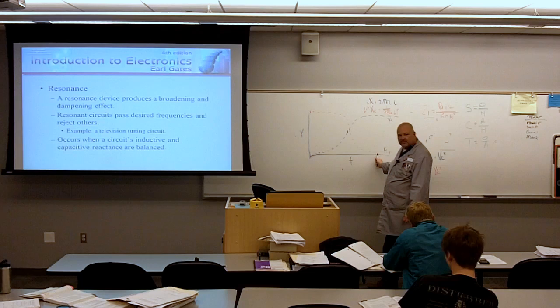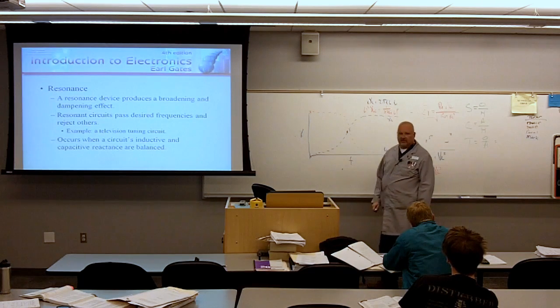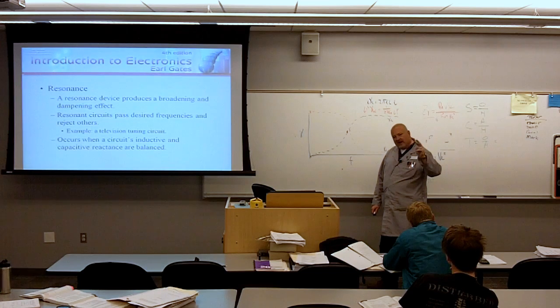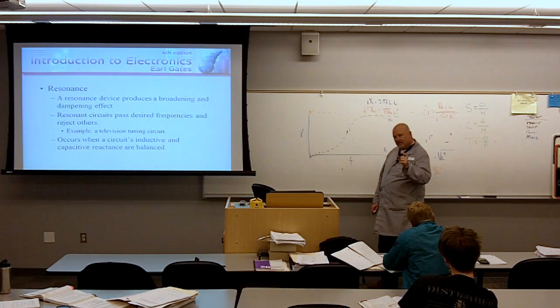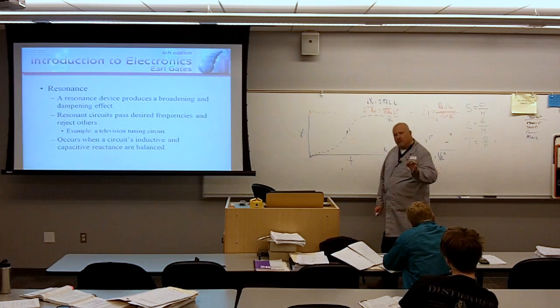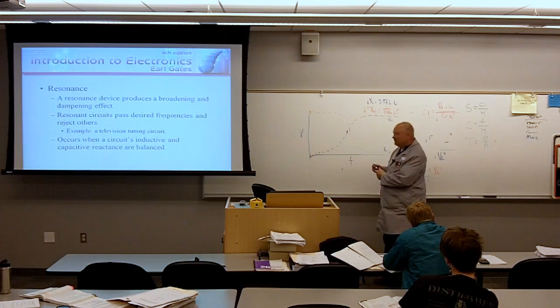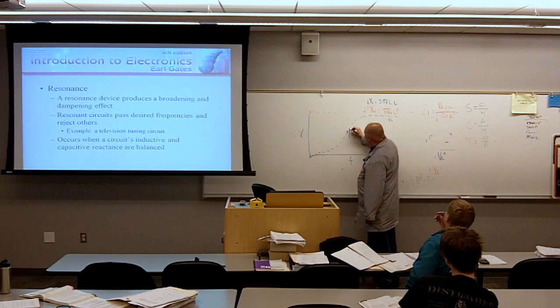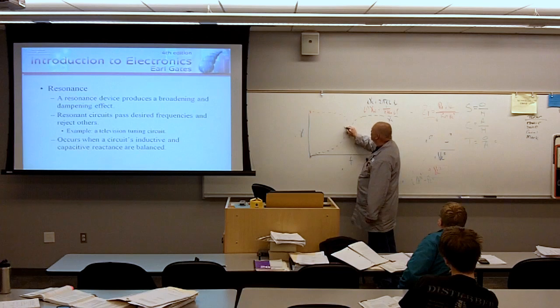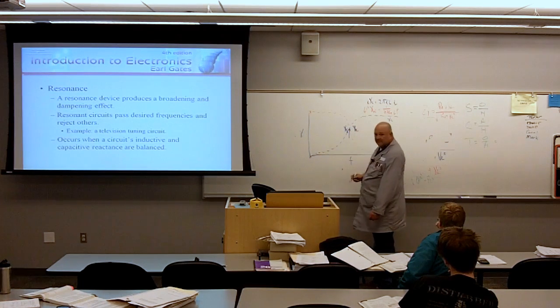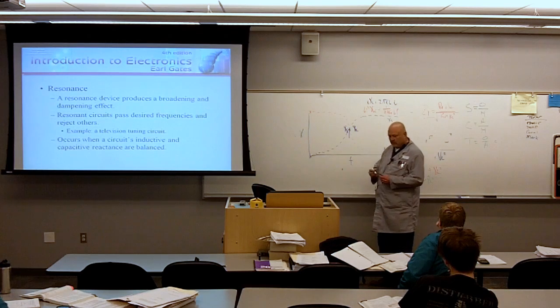At high frequencies, X sub C is low, and the opposite is with the inductor. So when I combine both an inductor and a capacitor in a circuit together, and I apply the frequency that hits this sweet spot right here, the point at which X sub C equals X sub L, this point right here is called resonance.